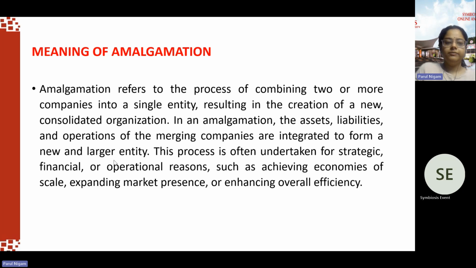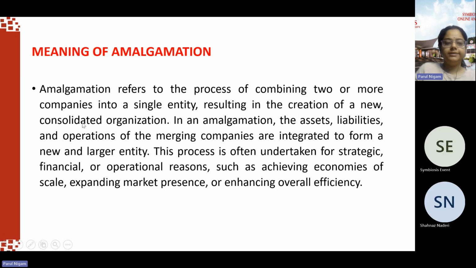So we'll give a quick recap of what amalgamation is. Amalgamation is when two or more companies come together and form a single entity, and going forward they continue their business as one association. Two or more companies result in the creation of a new company, the consolidated organization of the participant companies.